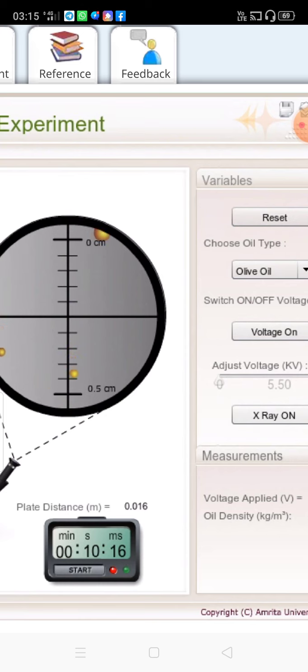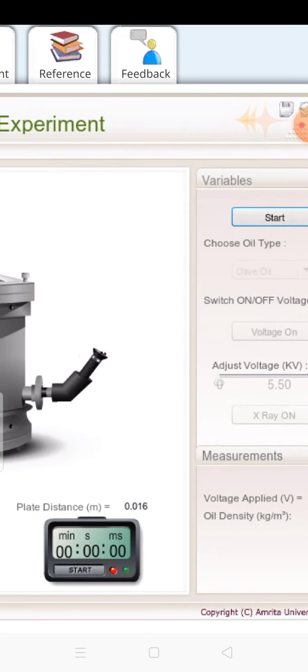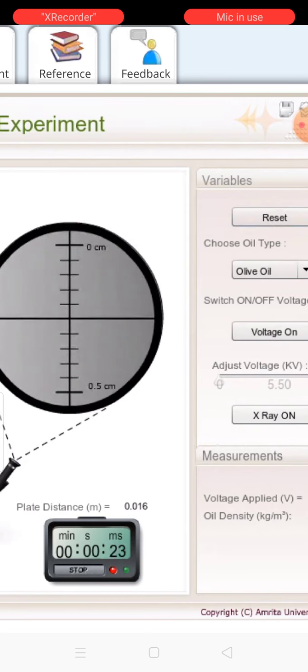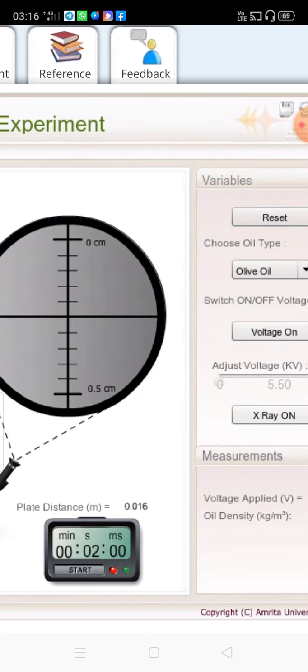So it is very precise work. As the ball starts, the clock is started and the ball reaches the stop. So 2.39 seconds. Again I am taking it as a reset. Reset, start, then stop the clock.